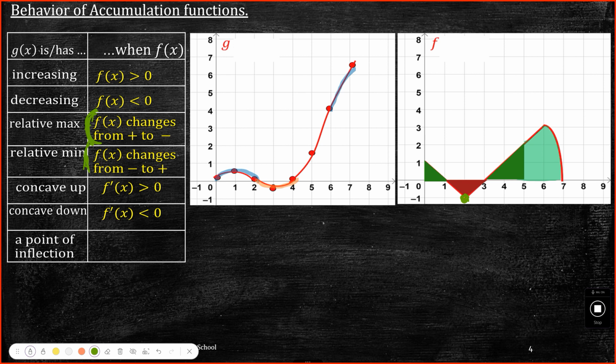Is that a good reason? Well, but what's the reason why though? F prime of x changes sign. Yeah, that's what I'm talking about. Be careful on that. A point of inflection happens when f prime of x changes signs.